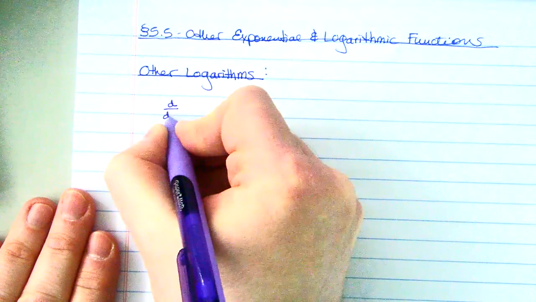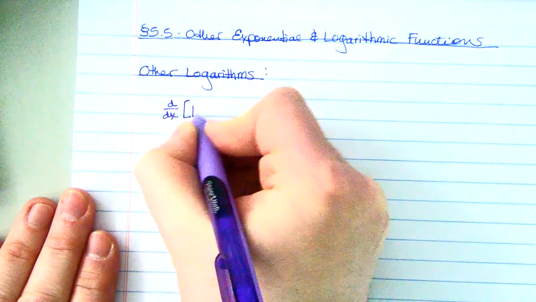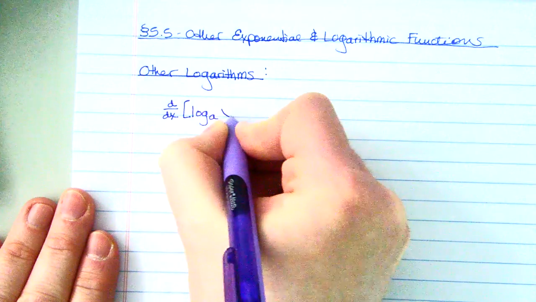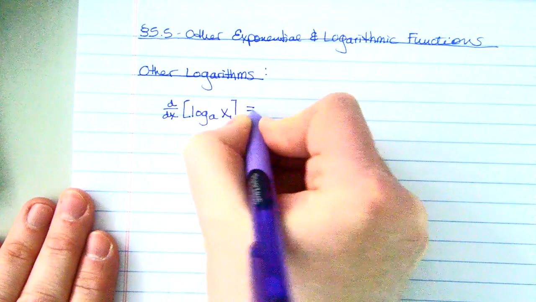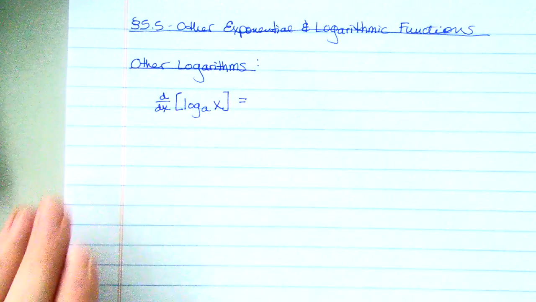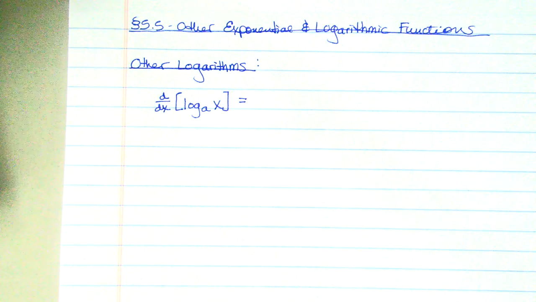Here's the deal. If I want to find the derivative of log base a of x, I don't know how to do this. The only log I know how to find the derivative of right now is the natural log. Is there any way you could write this in terms of natural logs?